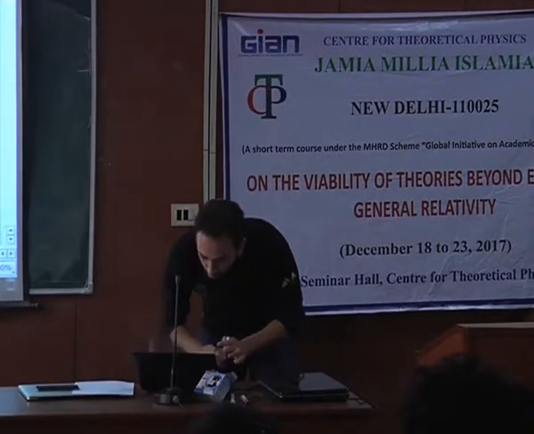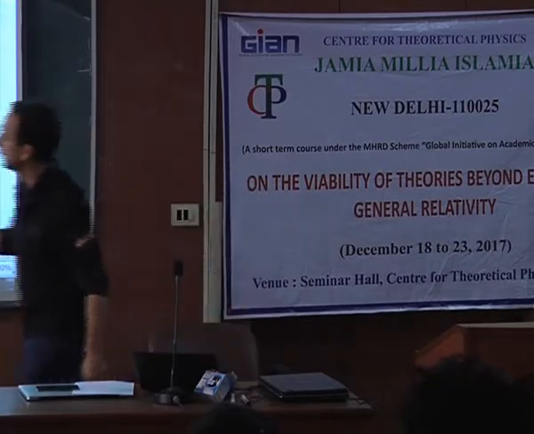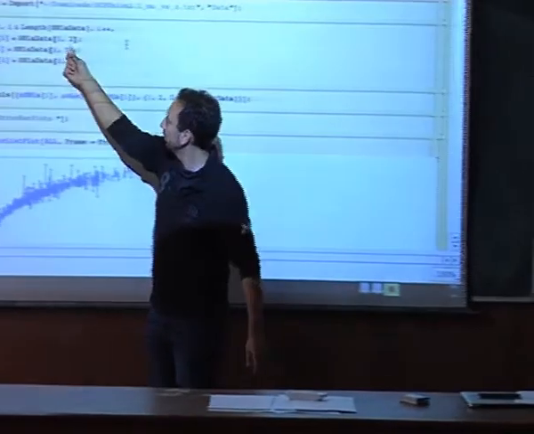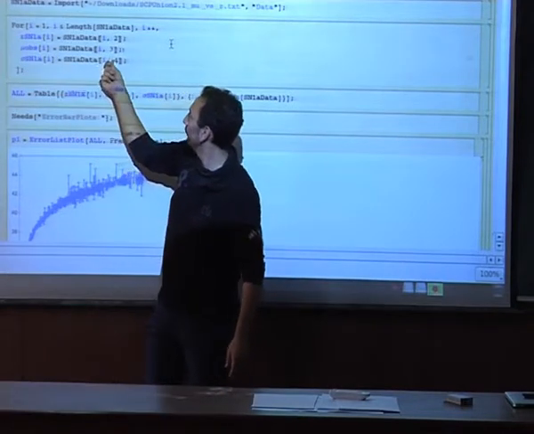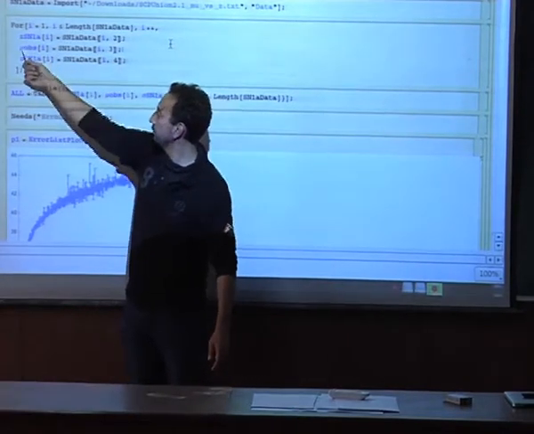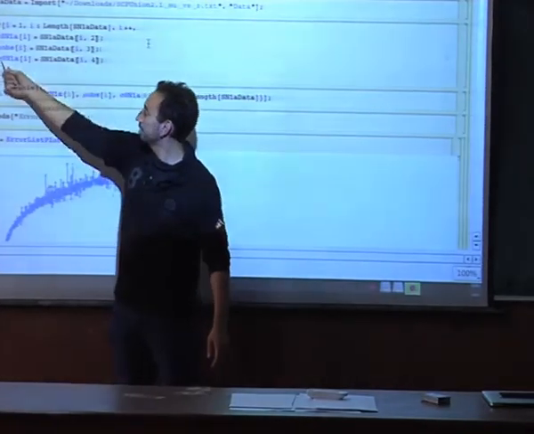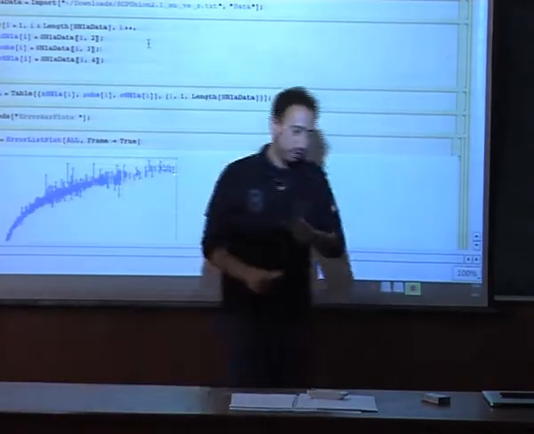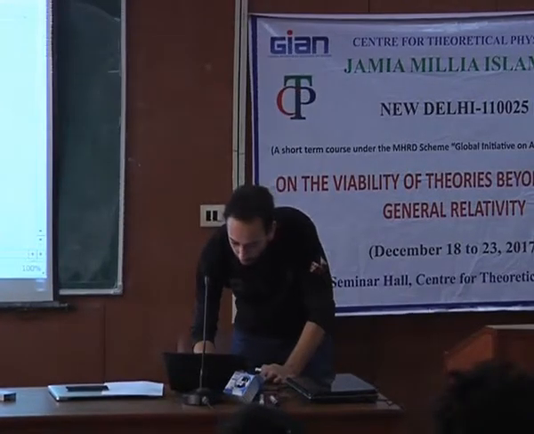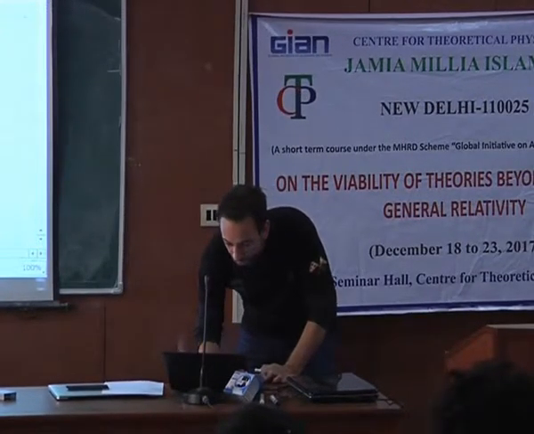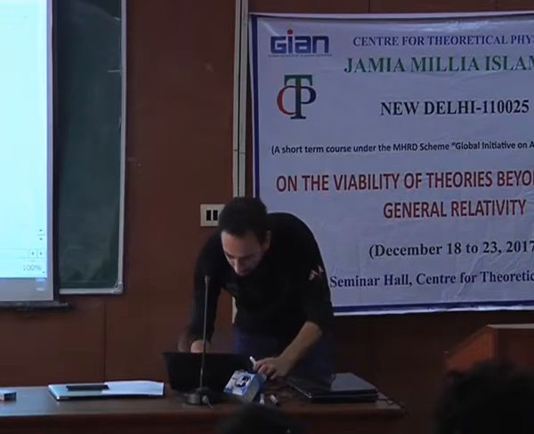So what I'm going to do is a loop where I say that the second column is what I will call the redshift supernova. The third column, if you remember, is the mu observed. And the fourth column is the sigma, so the error bar. I'm making a loop over all the values of i from 1 to the length of this, so how big it is. And you run this.